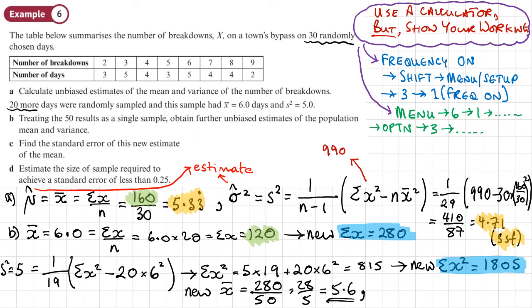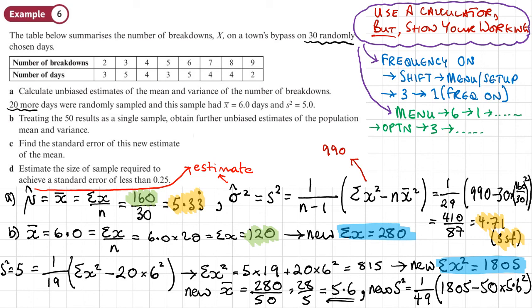And then my new variance is now going to be 1 over n minus 1. Now n is now 50, so 1 over 49 times my new sum of x squared, which is 1805, minus n, which is now 50, times my mean squared, so that's 5.6 squared, and we'll work out what that gives us.